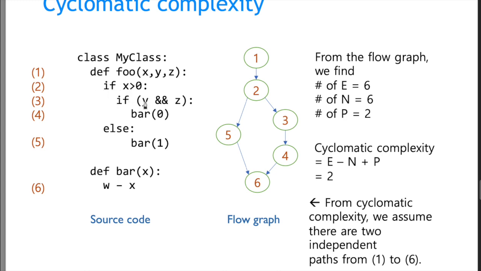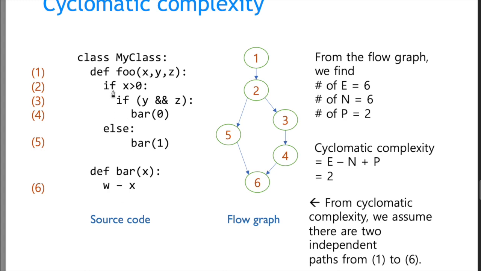It's more complex, with an else, and there's some function code like here. From this source code we can draw a graph like this, and we assign numbers from 1 to 6 to each statement.